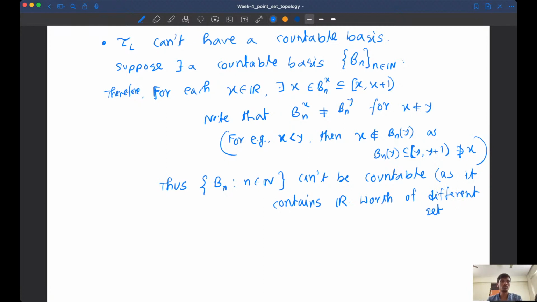Right? So that is a contradiction, so that's the thing, that it cannot have a countable basis.